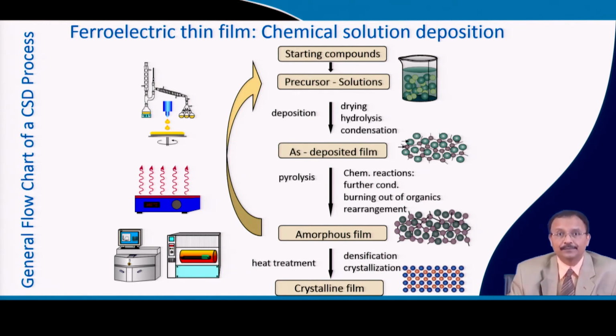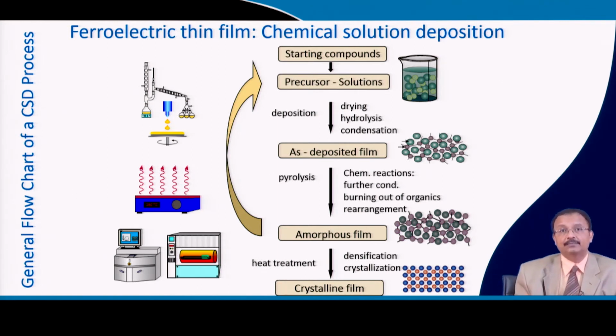Therefore, the carbon should be fully removed in this baking step, but the film is still in an amorphous state, and you need to do a heat treatment either in a conventional furnace or in a rapid thermal annealing furnace, where the heat treatment rate, the ramp, is very high.